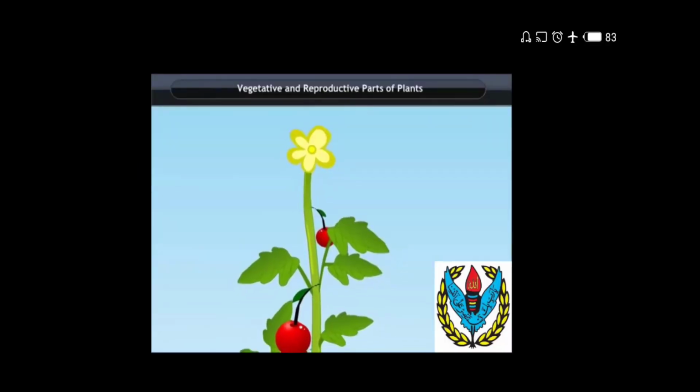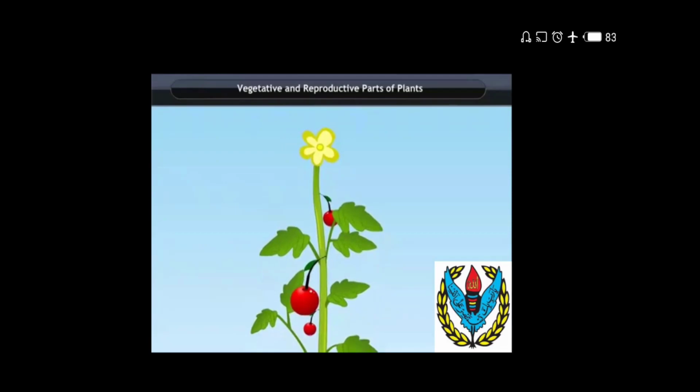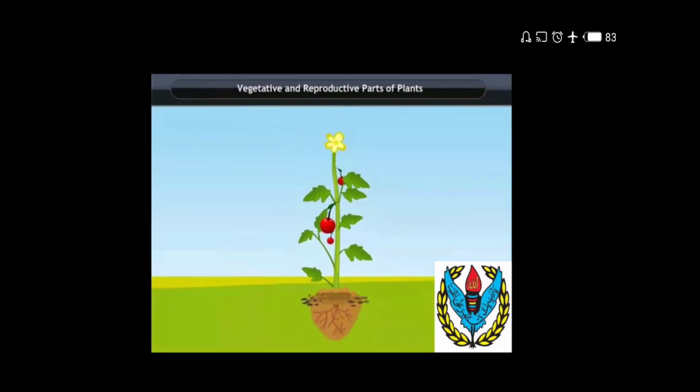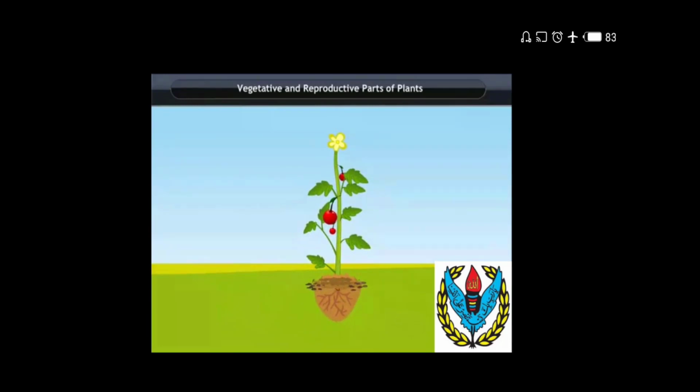This is a plant body of Brassica campestris, in which stem, roots, and leaves are vegetative organs, while flowers are reproductive organs.